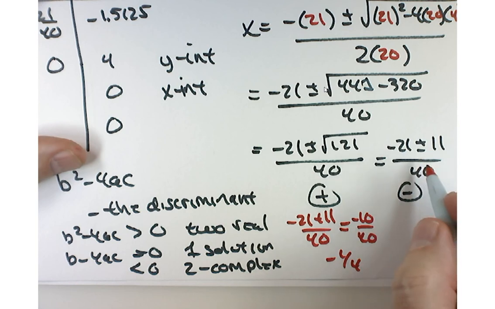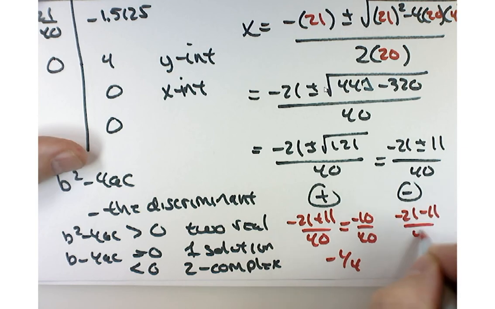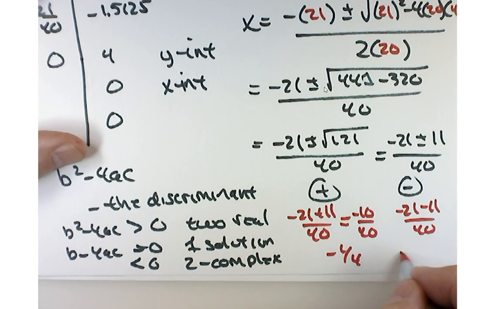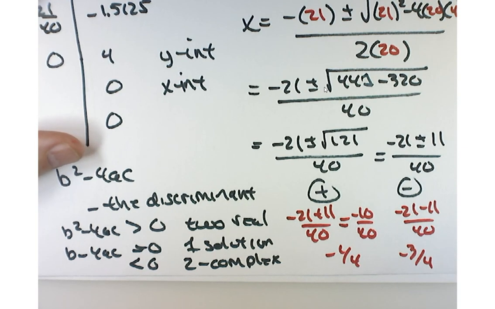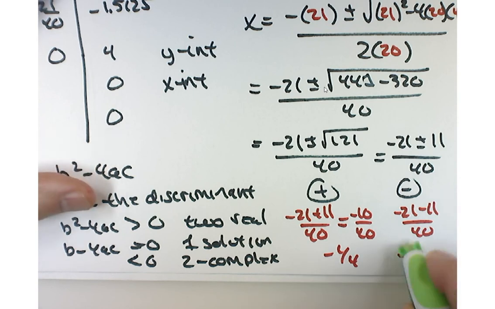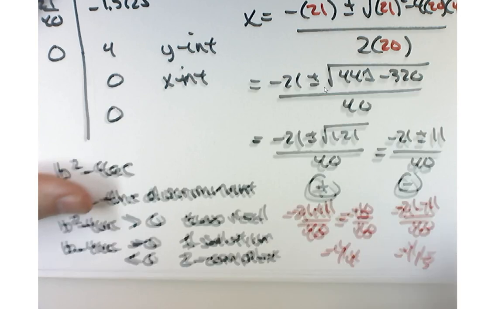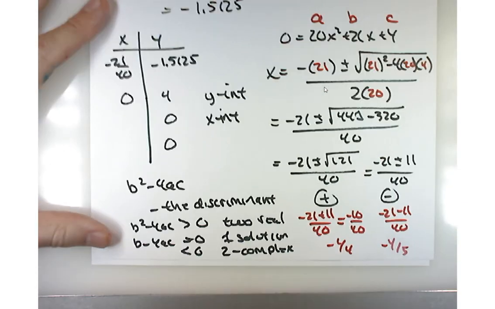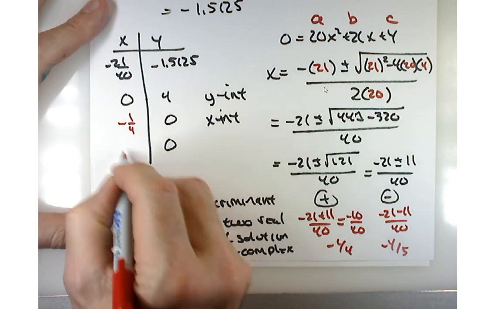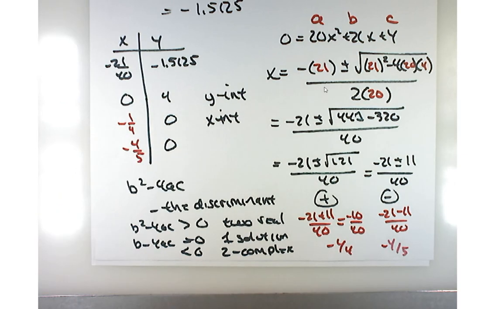And then this one gives me negative 21 minus 11 over 40, which gives me negative 32 over 40, which will eventually factor into, well, actually, negative 4/5. Is that right? Negative 4/5? Thank you. So, wow. Negative 1/4, negative 4/5. Those should be our points.